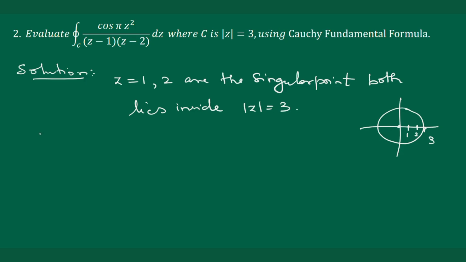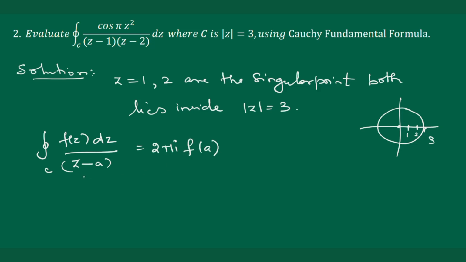What it states here: integral over C of f of z dz by z minus a is equal to 2 pi I into f of a. If you check the theorem, in the denominator we have only one factor, but in the question we have a product of two factors.